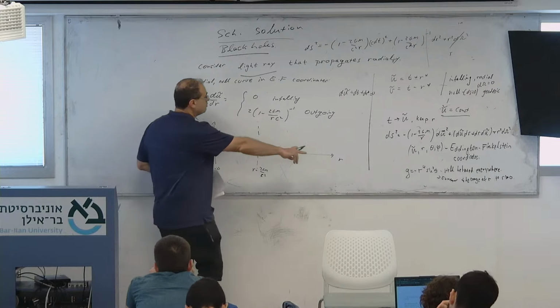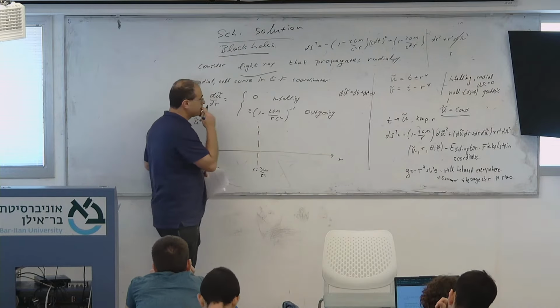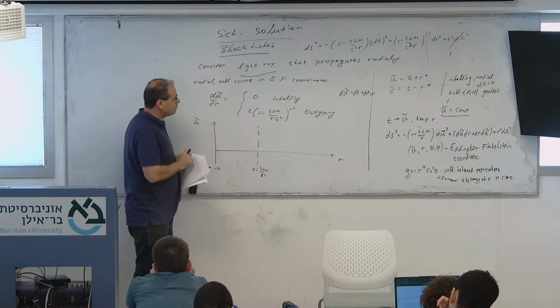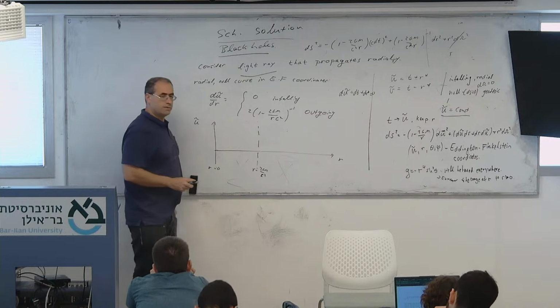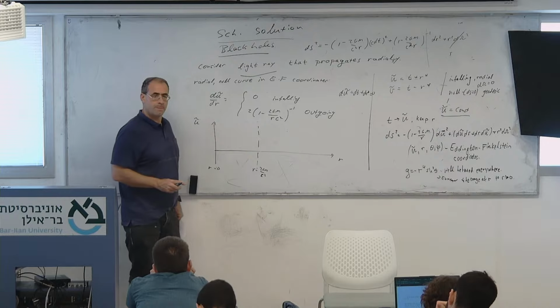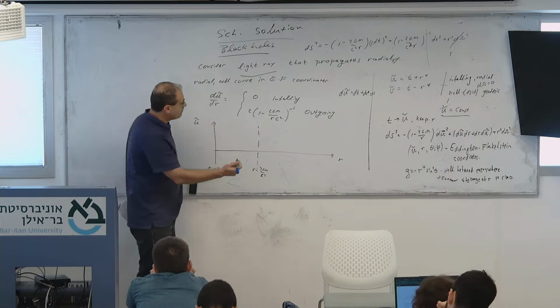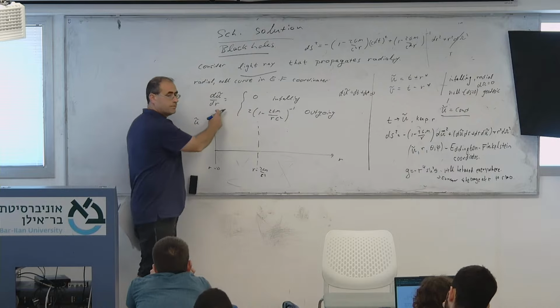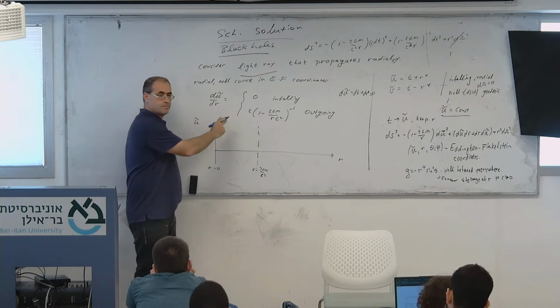Constant u tilde. How does the light cone look like? If r is very large, infalling du dr is 0.